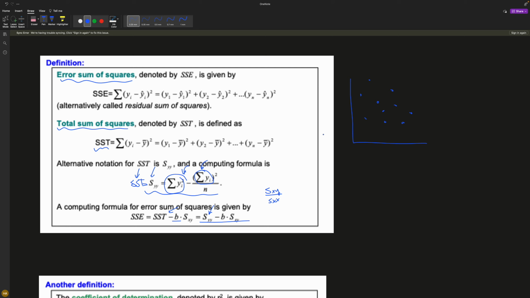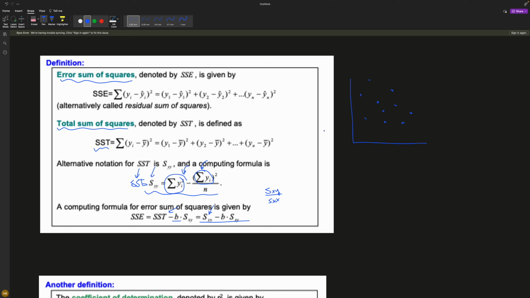The smaller your SSD is, the closer together your data is, which means it's more accurate. And if your SSD is small but your SSE errors are very large, that means there's something up with your line of best fit. There's a lot of things not explained, or there's a lot of outliers. So keep that in mind.